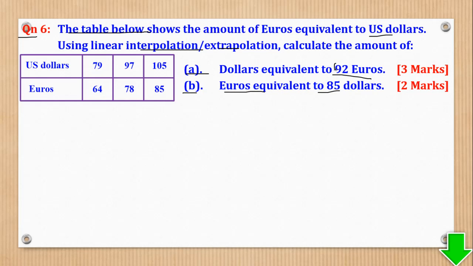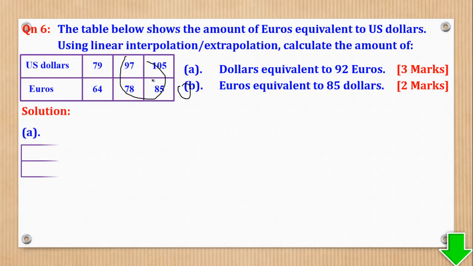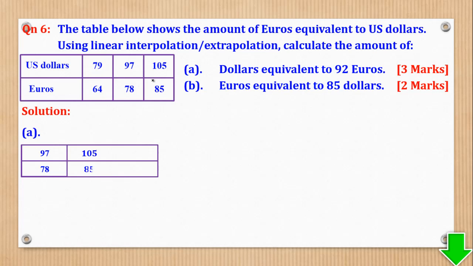So if you look at this 92, you have to know where it lies. 92 euros is outside here, meaning you're going to use these two known values to get the unknown. Therefore, you shall come and extract out those values. So this is called extrapolation because this 92 is outside the given values.